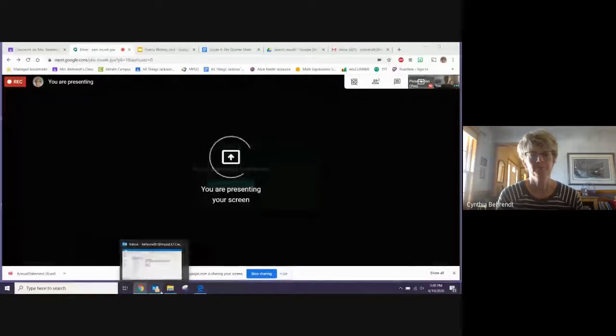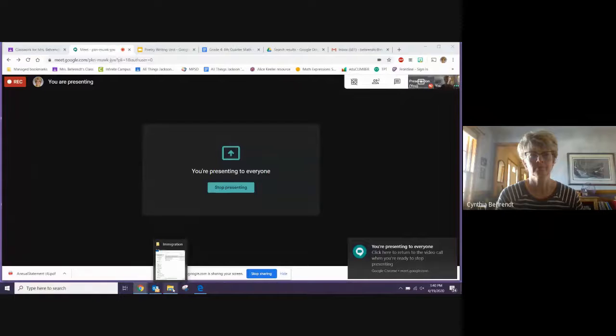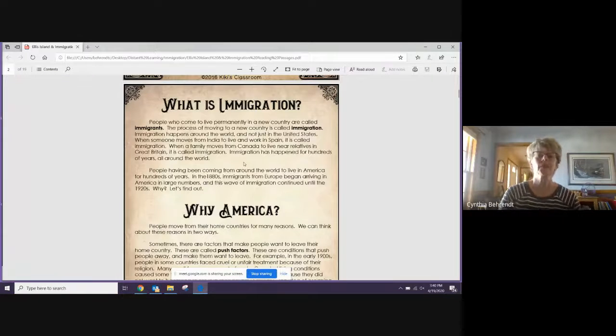If you would please follow along with me. If you have a highlighter or a crayon or a colored pencil, as we're reading, I'd like you to highlight the words that are in bold print. These are going to be words that are really important in our understanding of this unit.